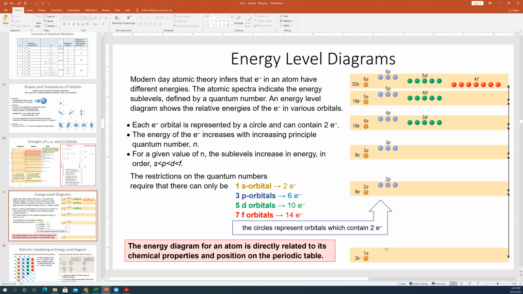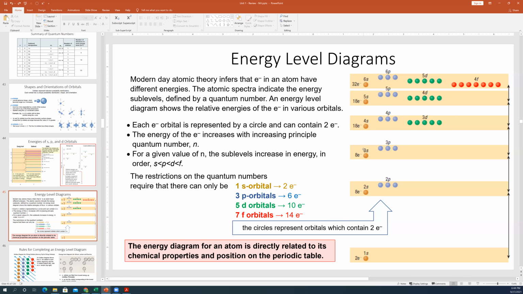And so for any given value of n, the sublevels increase in energy in the order of S, P, D, and F. So for example, if we're looking at the second energy level, for n equal to 2, we can see that the 2s has a lower energy level than the 2p's.